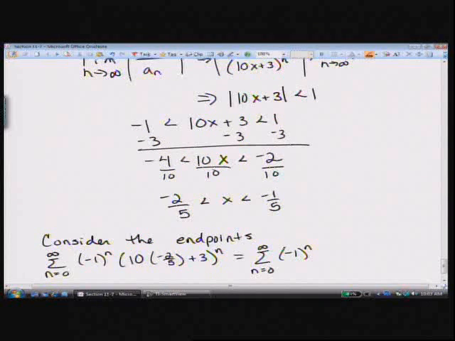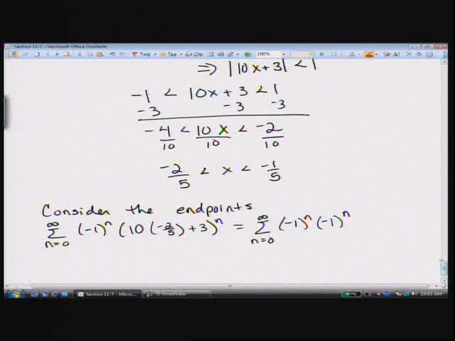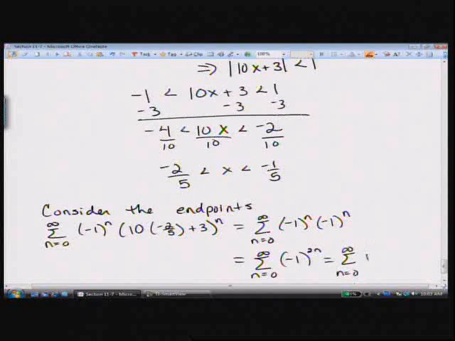Negative 20/5 and then 15/5. So that's going to be negative 5/5, or negative 1 to the n. That simplifies as the series n goes from 0 to infinity. When the bases are the same, you can add the exponents, so that's going to be negative 1 to the 2n, which is like negative 1 squared to the n, which is the same as 1 to the n. You with me? Positive 1 to the n.